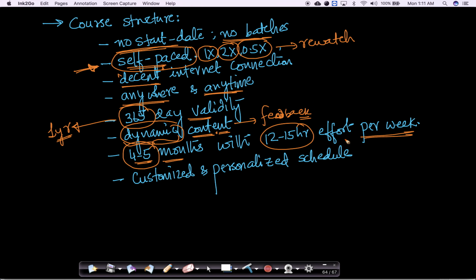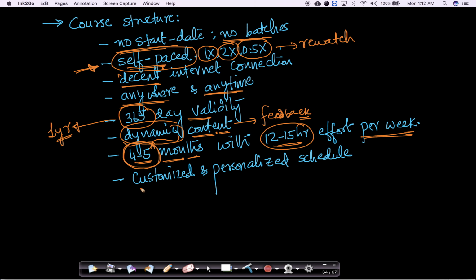Learning a completely new area or subject like machine learning or AI is a non-trivial task, right? So if you're willing to put in 12 to 15 hours of effort per week, you can comfortably finish this course in 4 to 5 months, even if you are a below average speed learner. Even if you have to watch the videos a couple of times, that's okay.